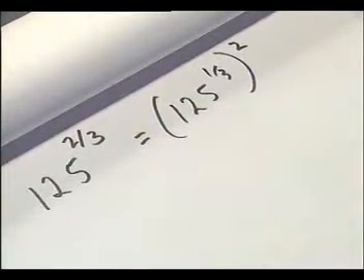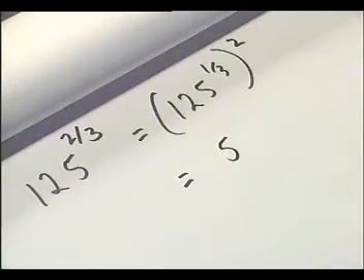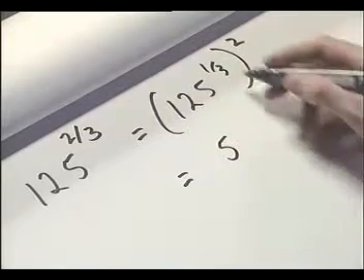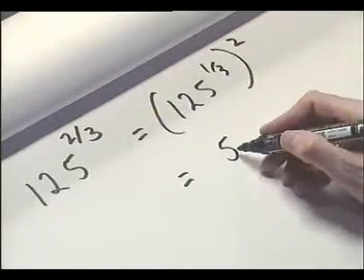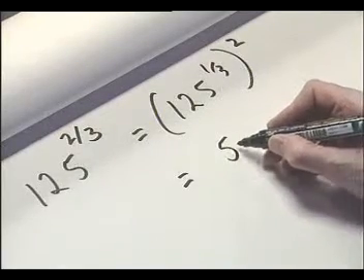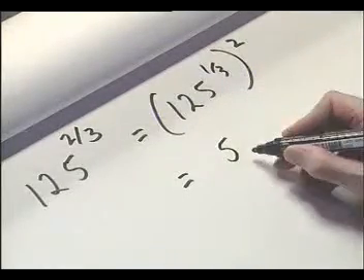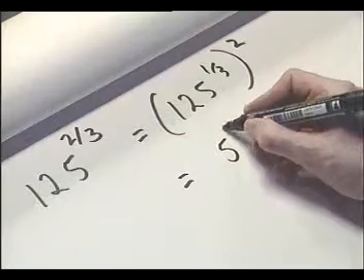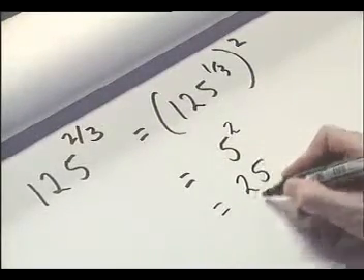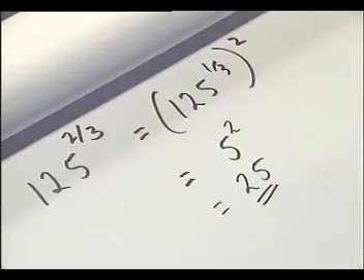So it's a fair guess that 5 multiplied by itself 3 times would give us 125. And indeed it does. The number multiplied by itself 3 times that gives us 125 is 5. And now we just want to square that, and that obviously gives us 25.